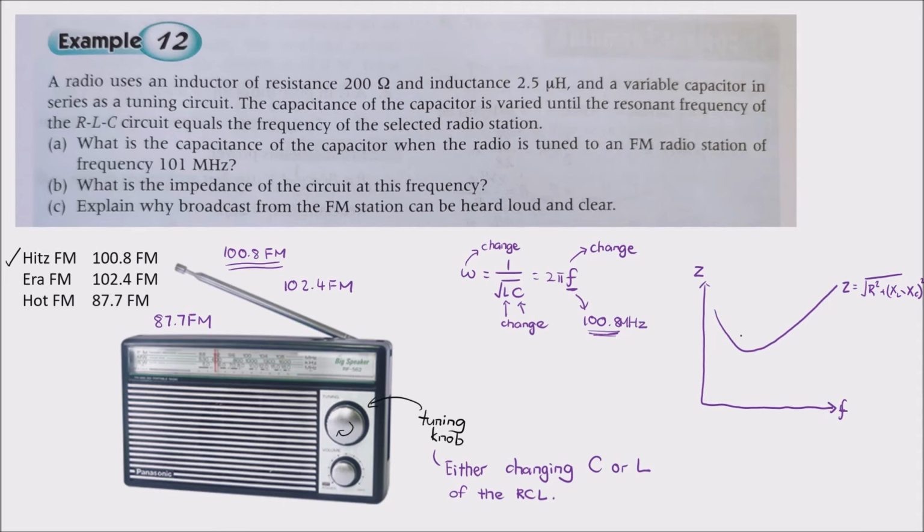When you have adjusted your frequency to 100.8 megahertz, essentially your impedance will be minimum at this 100.8 megahertz. If your impedance is minimum, then you can expect the current to be maximum around this region.